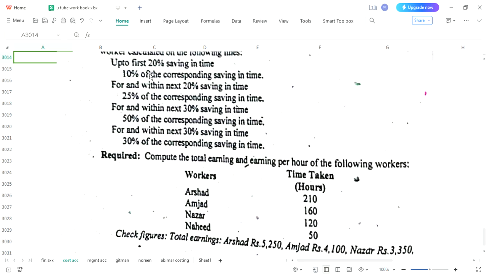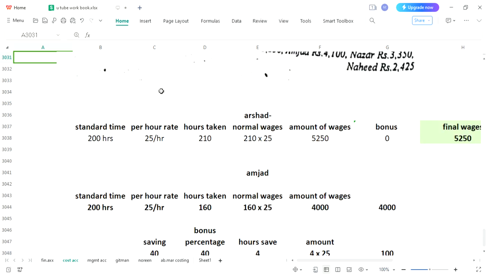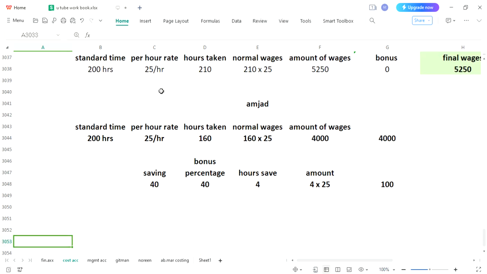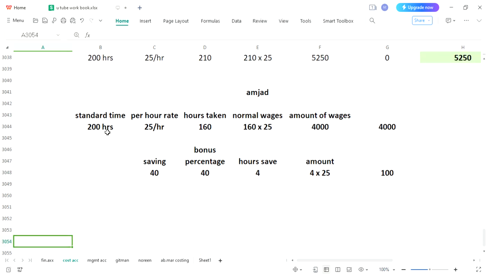If somebody had saved more than 20% of hours, then we will follow the next stage. And here you can see out of 200 standard time, 160 were hours taken, he had saved 40 hours, and we had given him 40 hours.